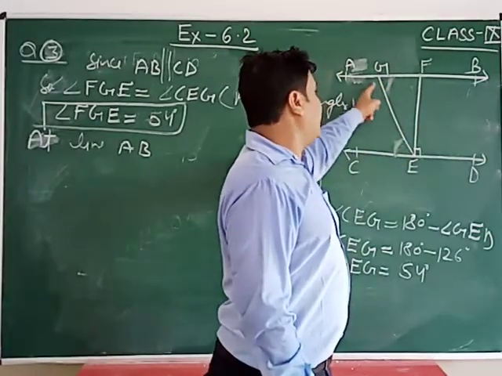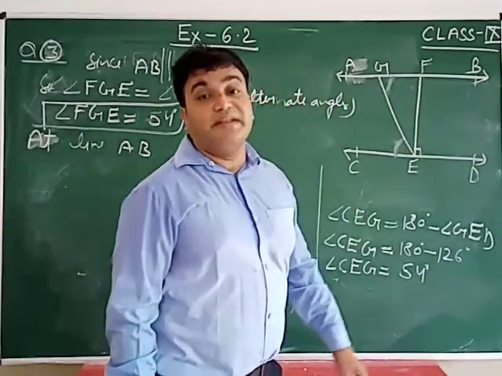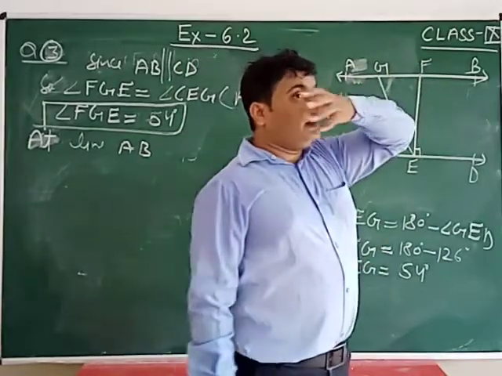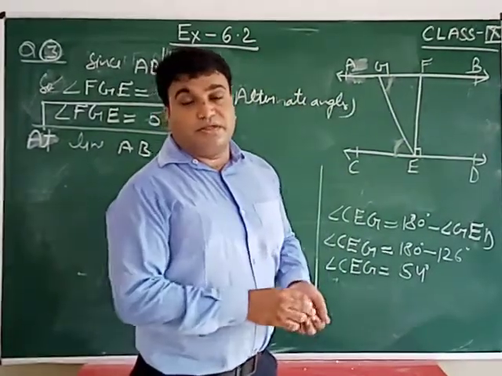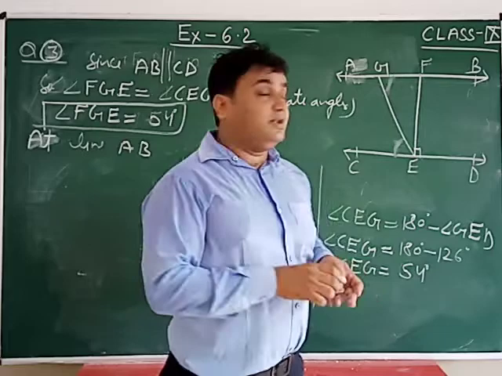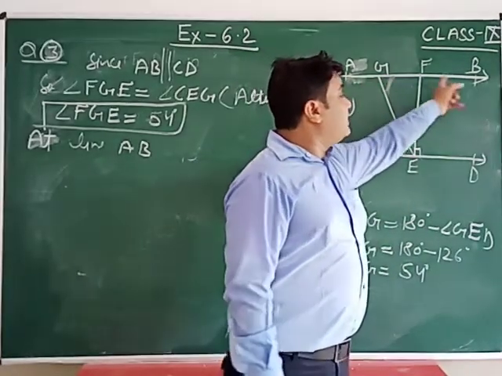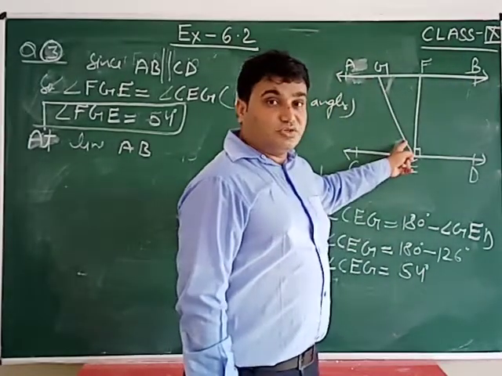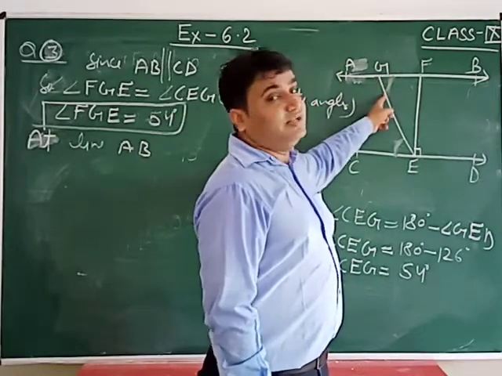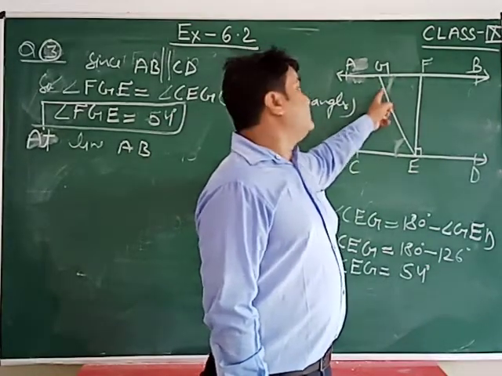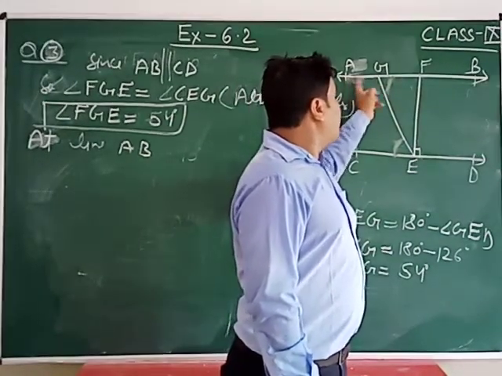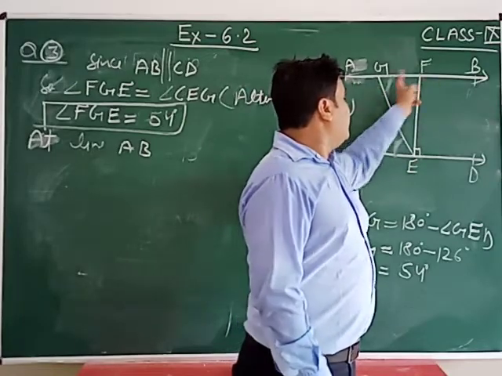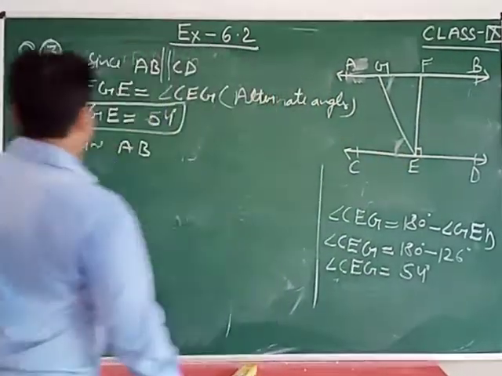So the angle of this and the angle of this will be 180 degrees, a linear pair. I explained in the first video of this chapter that if a ray stands on a line, then the sum of its adjacent angles will be 180 degrees. So angle AGE plus angle FGE is 180 degrees.